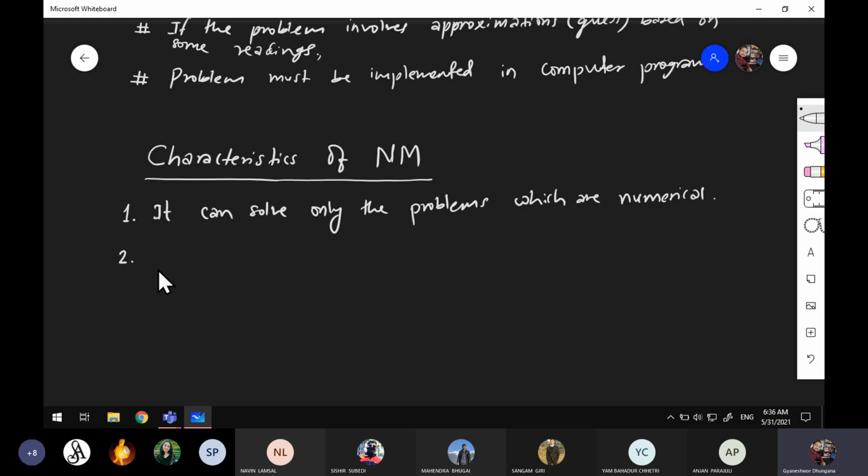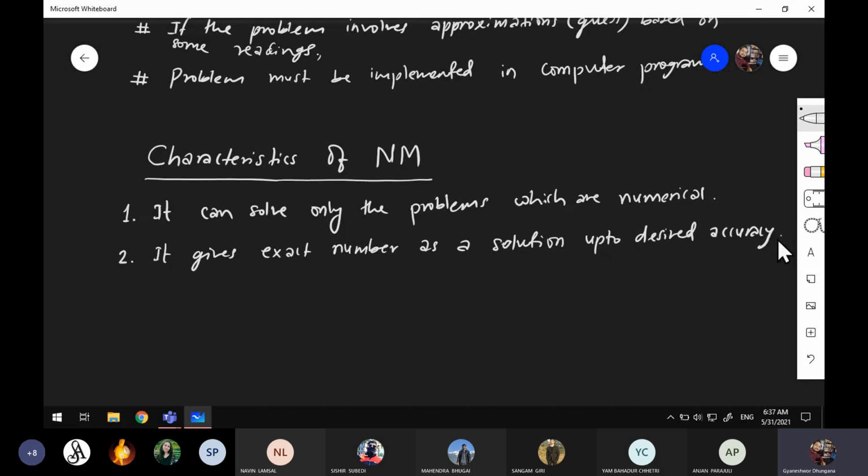Another characteristic is that the numerical method gives the exact number as a solution, up to the desired accuracy.